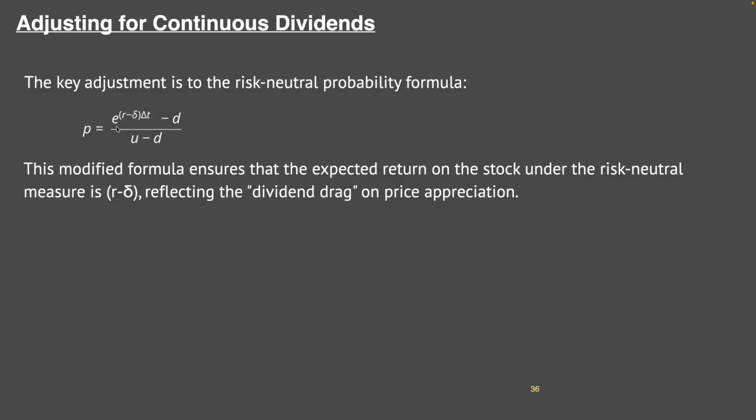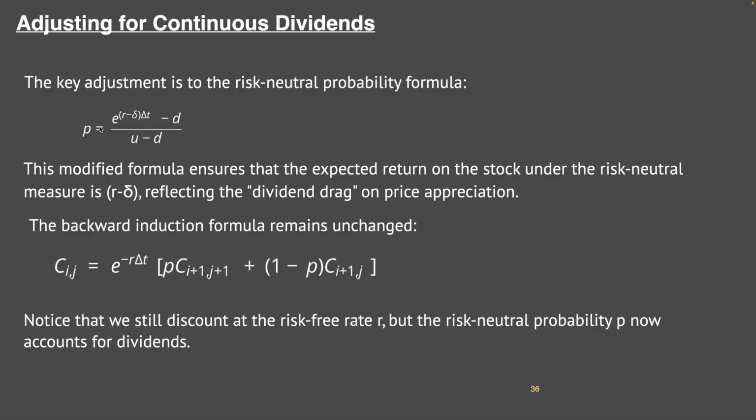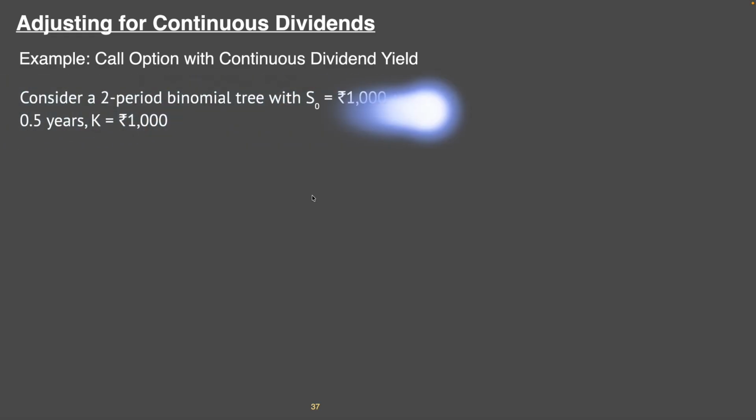So this component e to the power of (r minus delta) delta t is going to reduce the continuous compounding factor by a percentage of delta. The backward induction formula will remain as it is, as we have discussed in our previous slides. Here we have to understand that the probability component will now take into consideration the dividend which has been paid by the underlying stock.